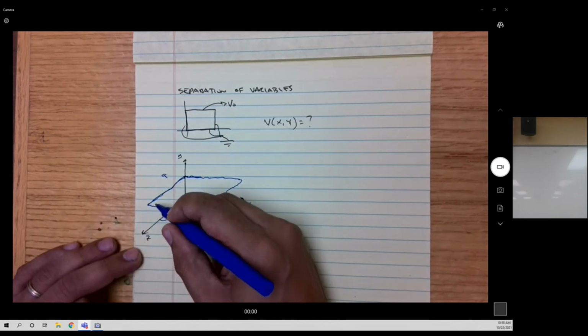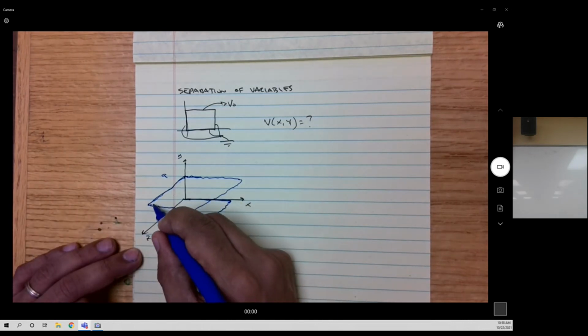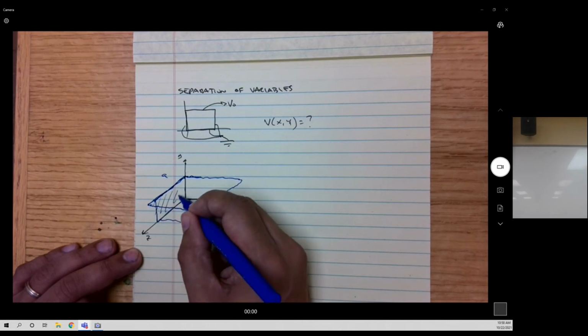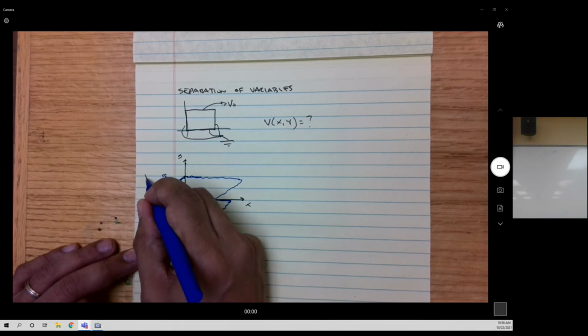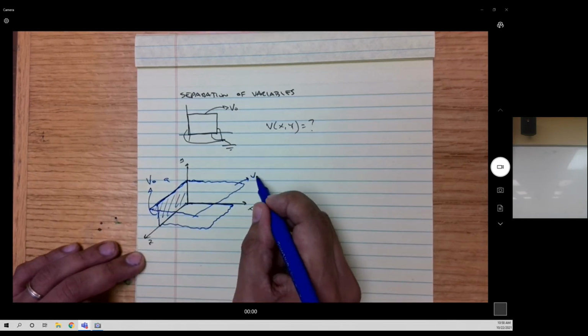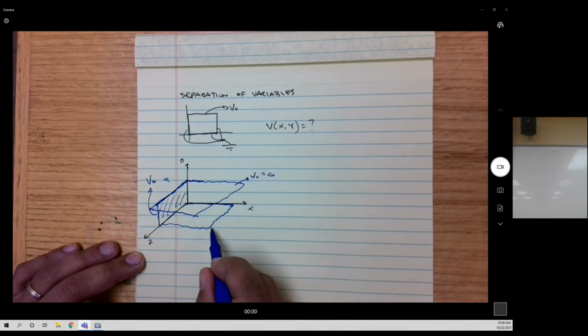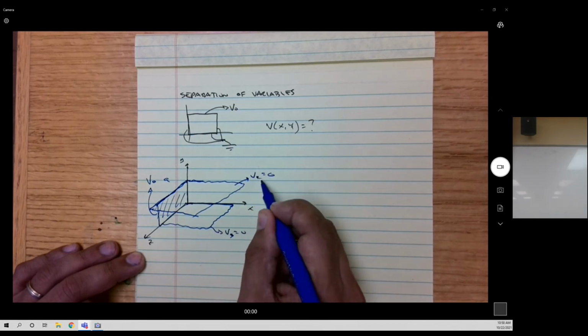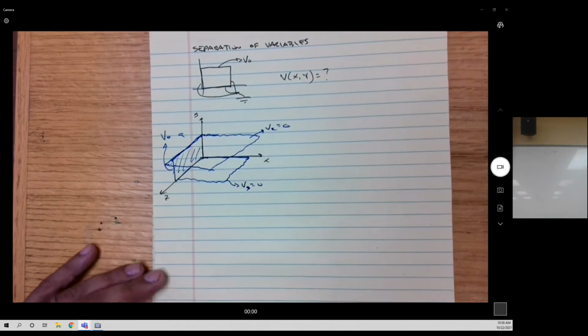And this wall over here is the one that's going to be at an electric potential V naught, and these two are going to be zero. They're going to be grounded. Sorry, this is just V. Okay, does the drawing make sense?